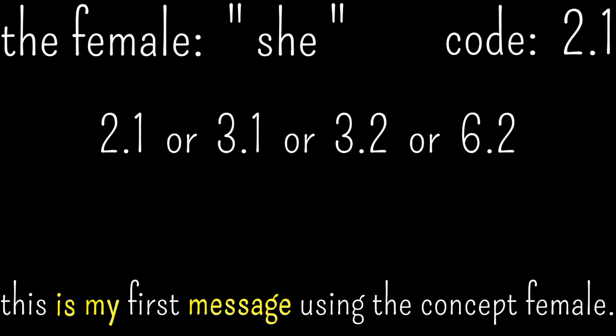From "message," the next word, the first word after the message, is "using." And from "using," we count 2 again, which is "the concept," and we count 1 again, that is "female." And we have this message: "This is my first message using the concept female."